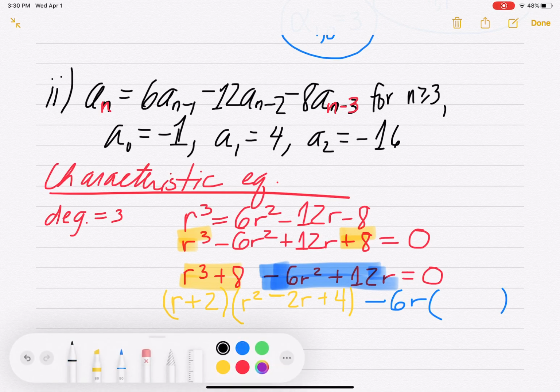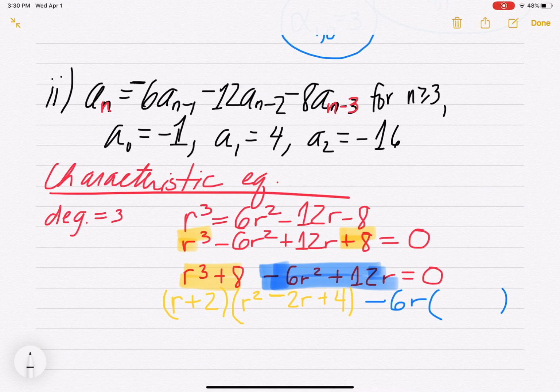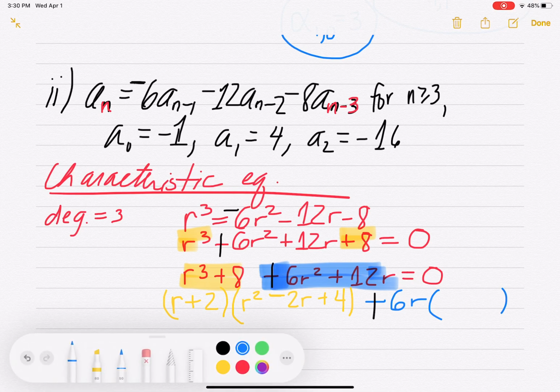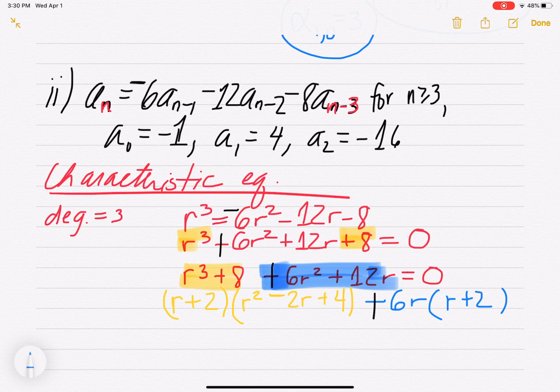The original problem is written down incorrectly. There should be a minus right here. That's a problem. So that minus is going to make this a minus, which is going to make that a plus, which is going to make that a plus. So we factor out a 6r, and that's going to leave us with r plus 2. Now that's equal to 0.